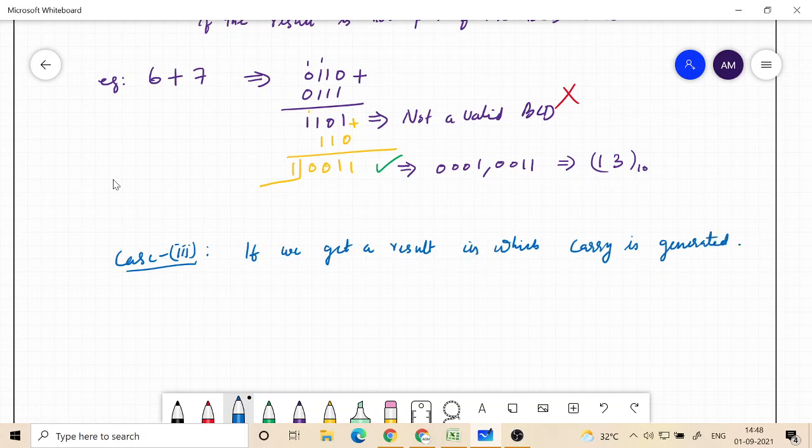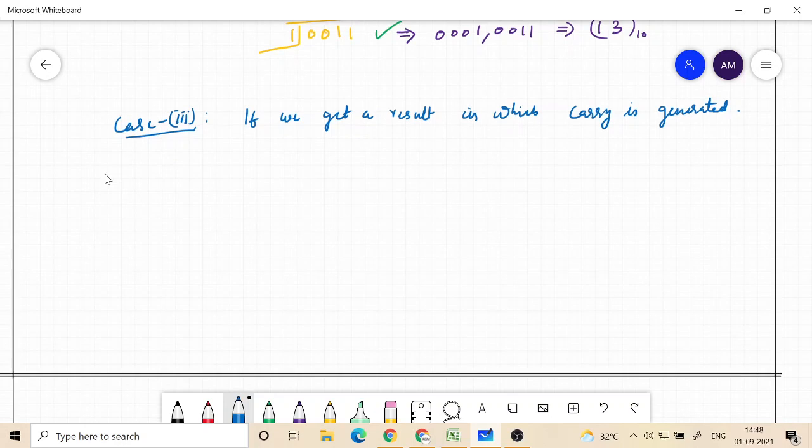Okay, so let's see one example. Again, examples will make things very clear.